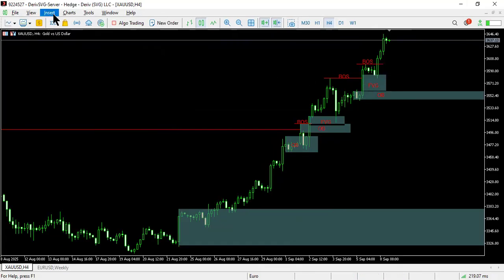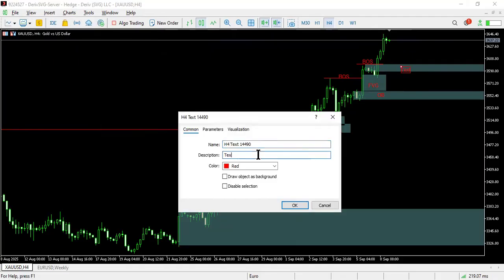And then from the 4 hours, that is our order block where we are waiting for price to come and mitigate.